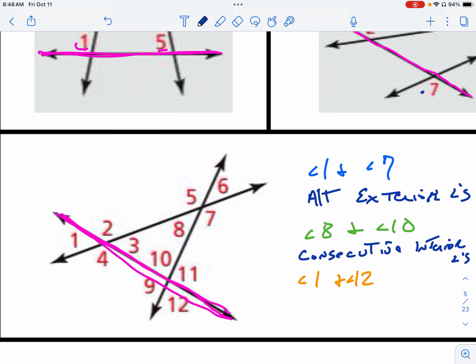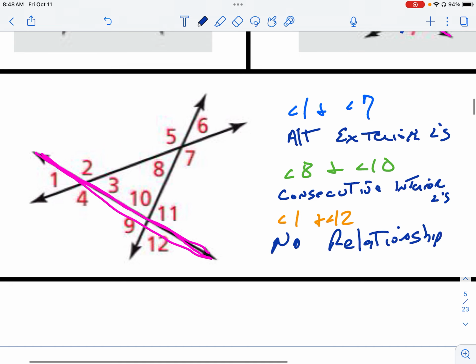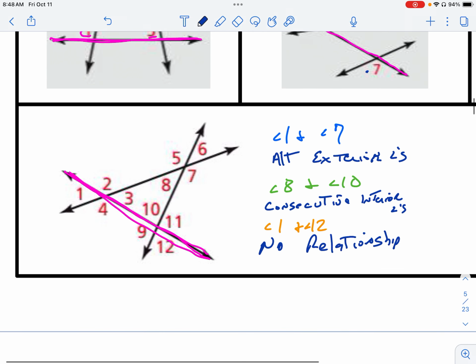So they don't fit any one of our 4 rules. So they have no relationship. So remember, when you're looking for, they got to match the rules and find what your transversal is. And we are done.